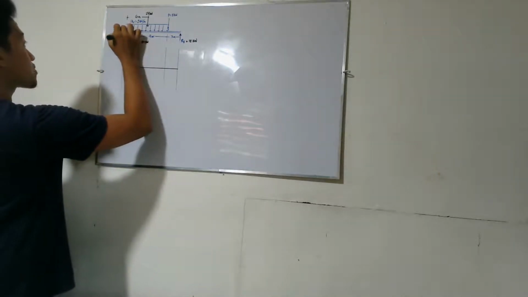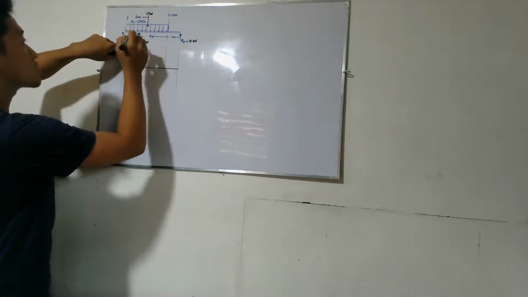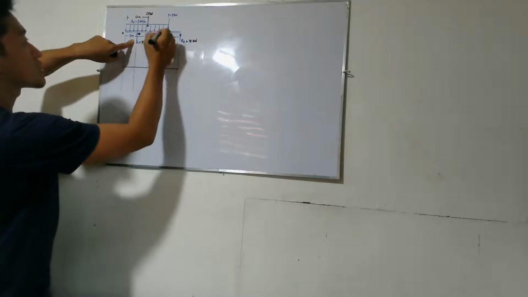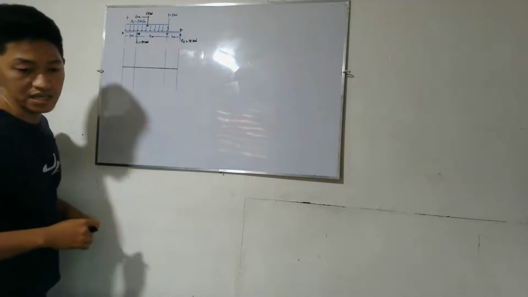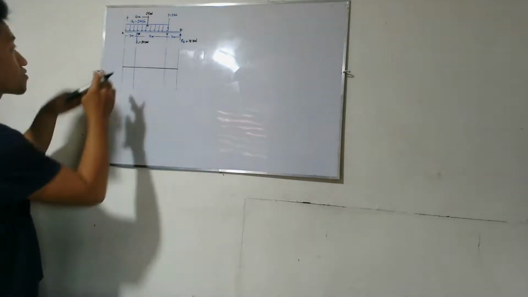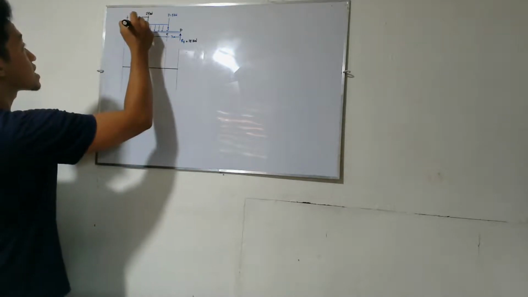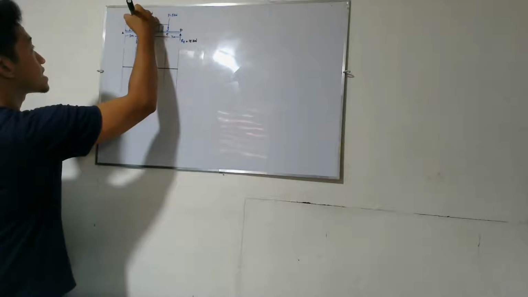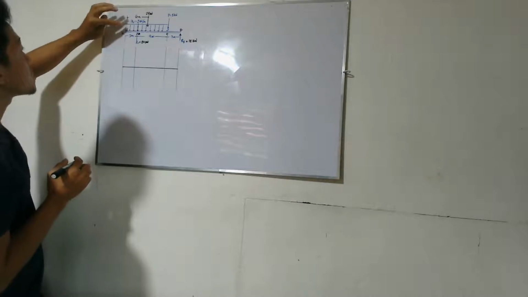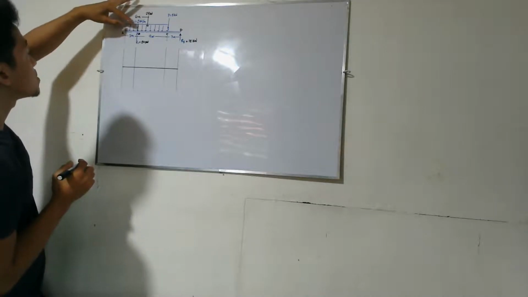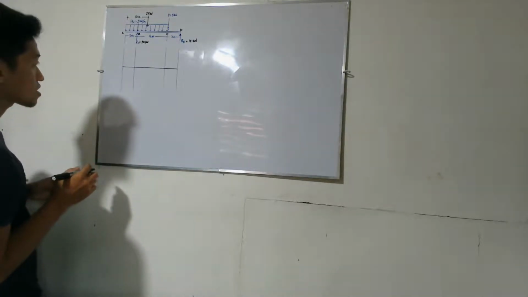First is point A, which has a reaction, then point B, point C, point D. From A to B, what forces are there? The distributed load. How big is it? 3 times 2, 6.